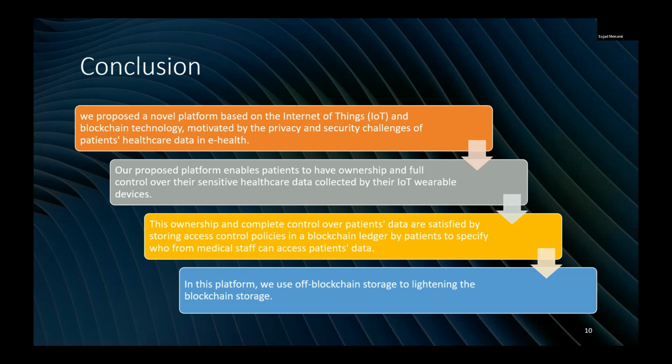This ownership and complete control are satisfied by storing access control policies in a blockchain ledger, so patients can specify which medical staff can access what type of data. And in this platform, we use off-chain storage to lighten the blockchain storage.